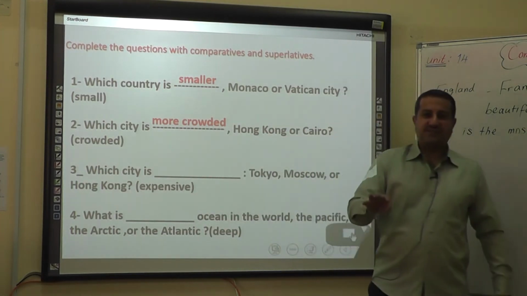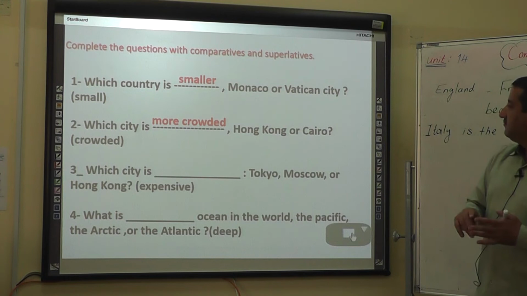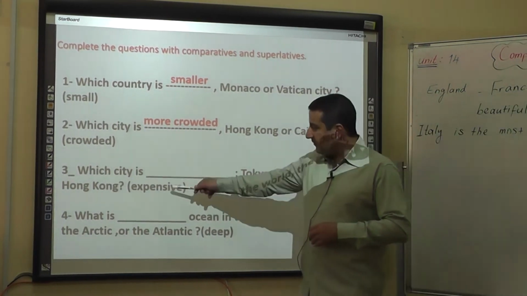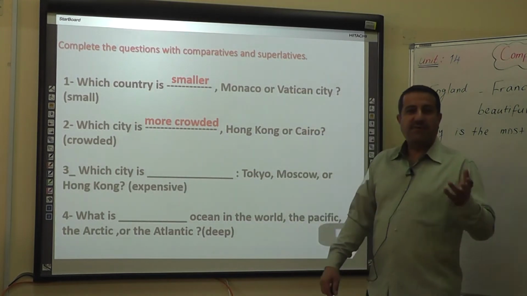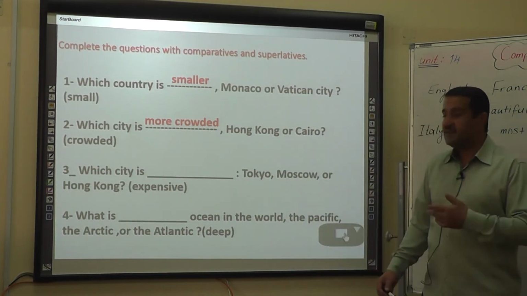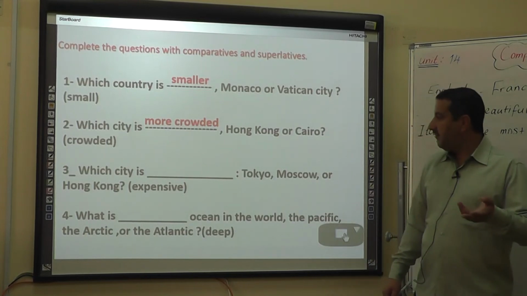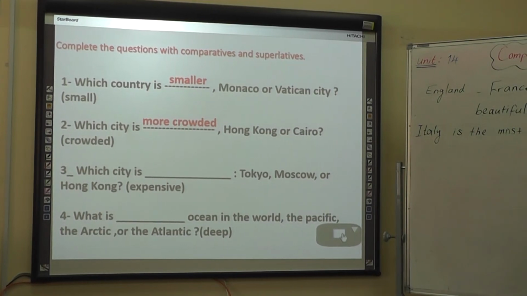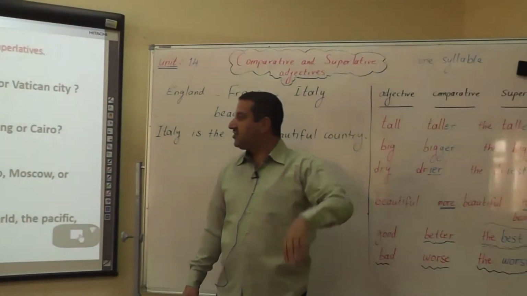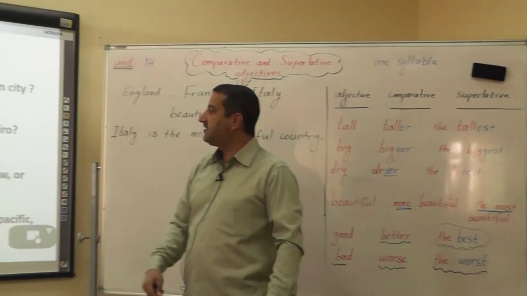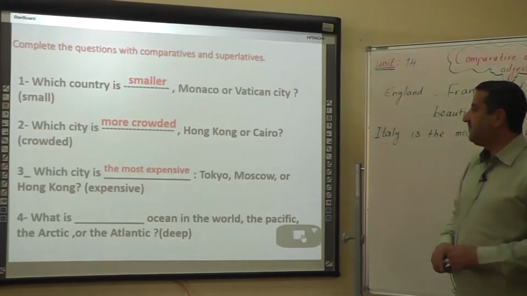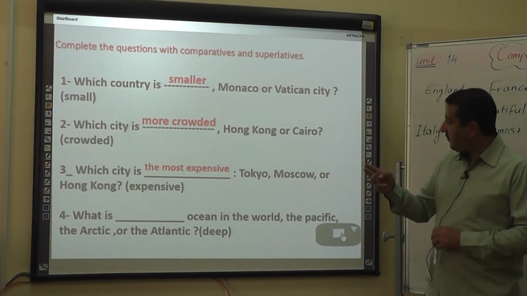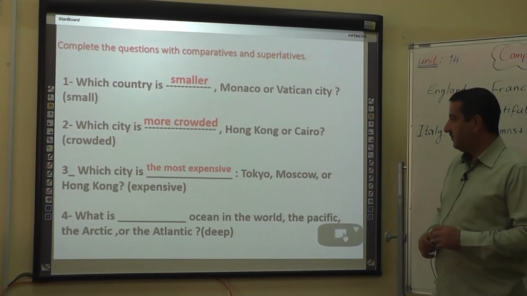We have three cities, Tokyo, Moscow, and Hong Kong. Okay, and we need to use the adjective expensive. So we are comparing more than two things together, and expensive has more than one syllable, okay? And so in this case, we use the superlative form. We say which city is the most expensive. Why? Because we are comparing between more than two things or two people.